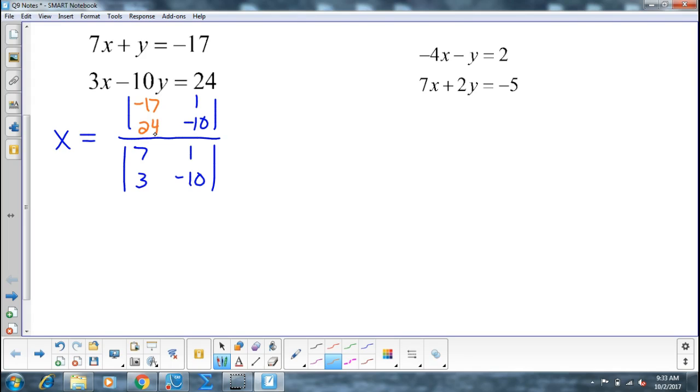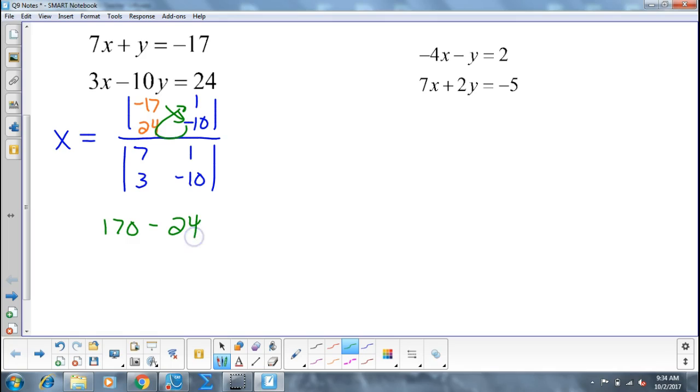Multiplying that out, so multiply those two together, that gives me 170, and then I subtract those when I multiply them together, so that's minus 24.